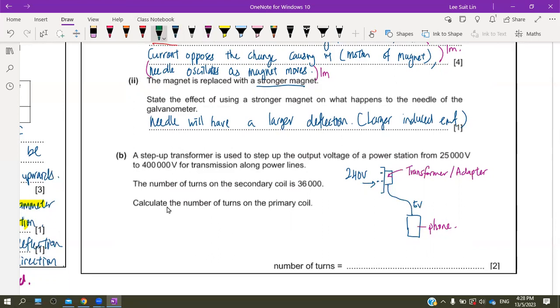So in a transformer, let's say I draw the symbol of a transformer. A transformer actually consists of 2 coils. One coil here, then 2 lines here to separate the coil, and the other coil. Here I have input voltage, let's say I call this V in, and the number of turns is, let's say, N1 turns.